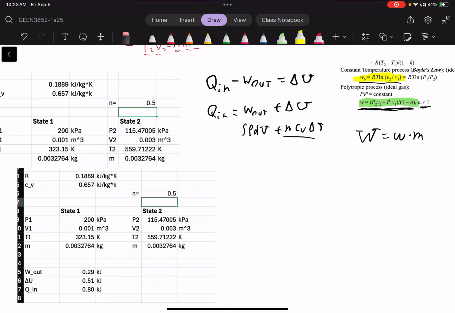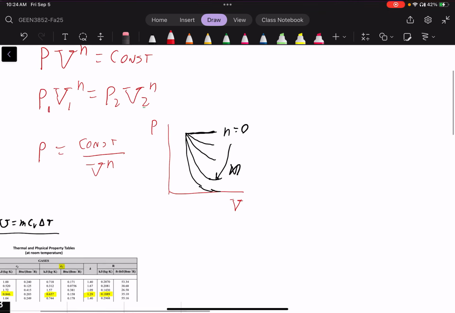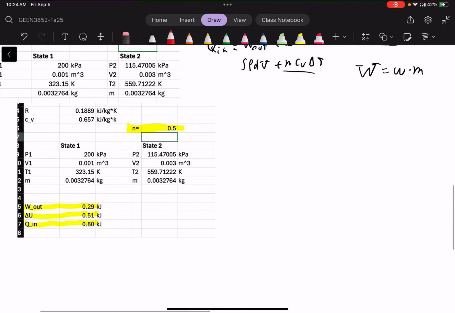So now I have the formulas that show me my work out, my delta U, and my Q in for n equals 0.5. The nice thing about having this in a spreadsheet is I can just change the n value and get the other states and the energy balances. But before I do that, I want to reiterate that here we have this process for n equals 0.5.